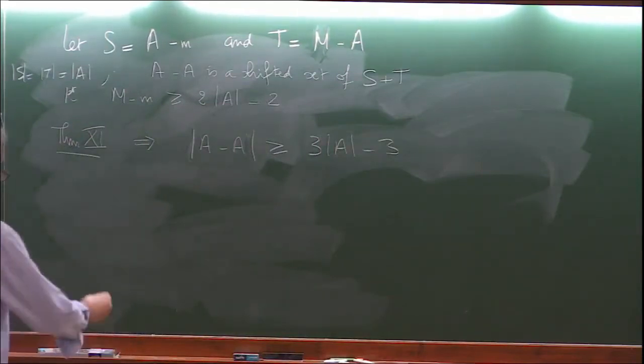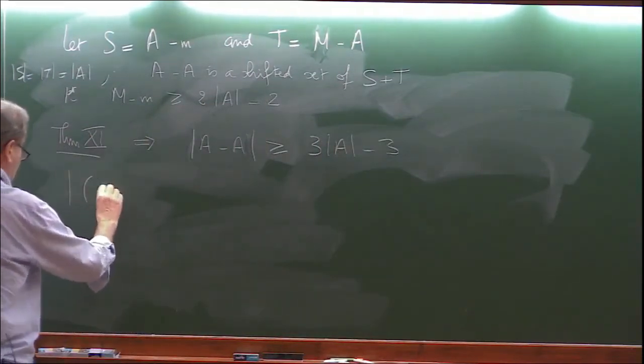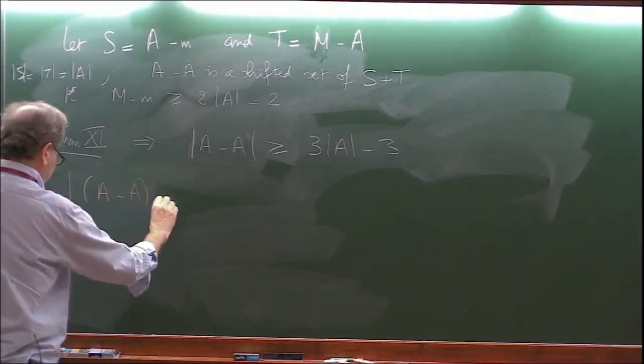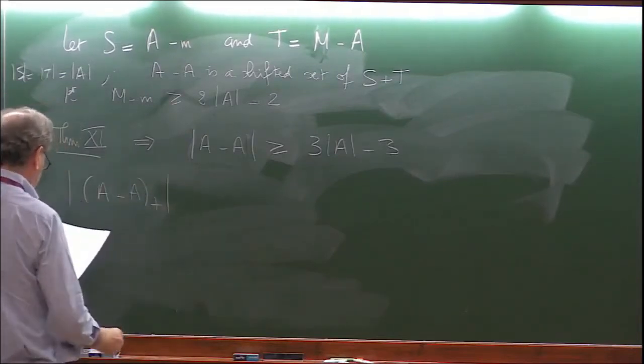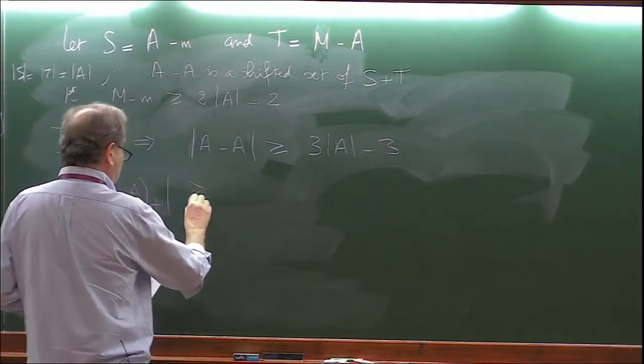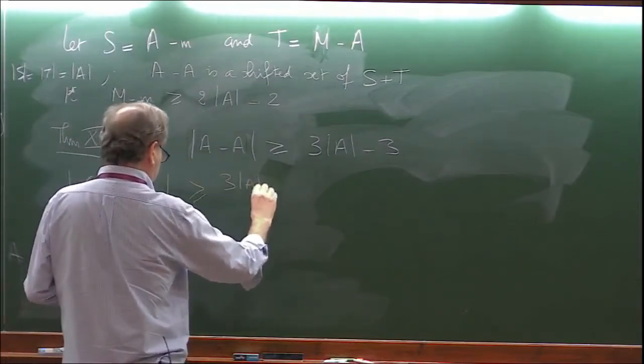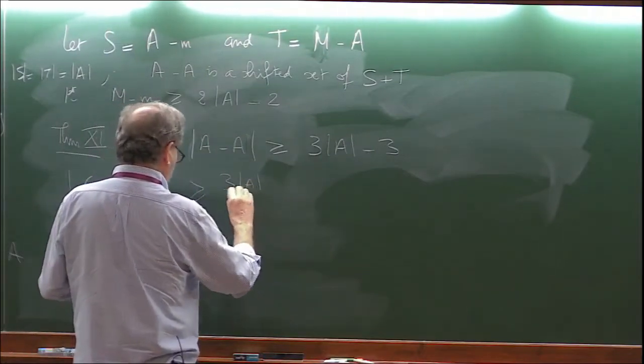Okay, and so you know something about A minus A plus. A minus A plus will be this time larger than 3A over 2 minus 2.